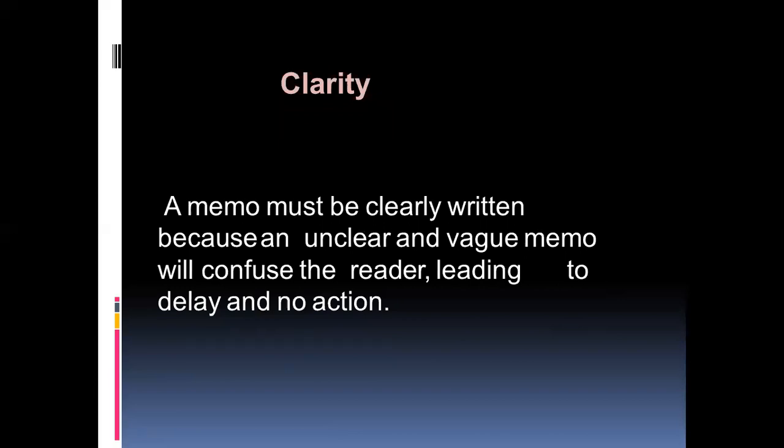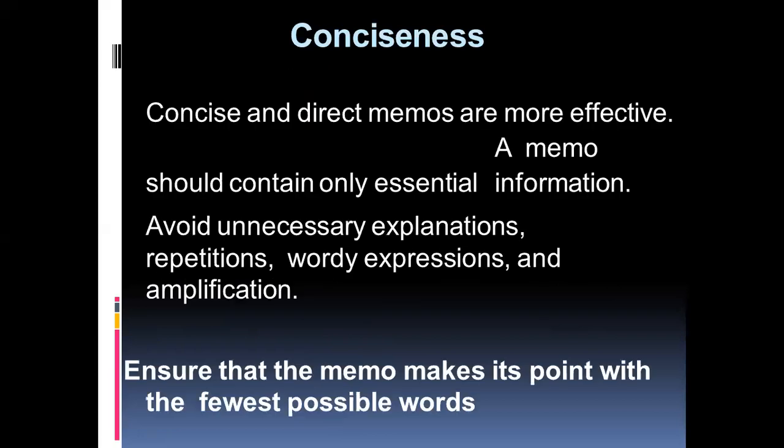So it is supposed to be clear in tone, and then conciseness. If you are a student of business communication, you might already be familiar with these terminologies, which come from the 7 Cs, though not all of them are mentioned here. Concise and direct memos are more effective.